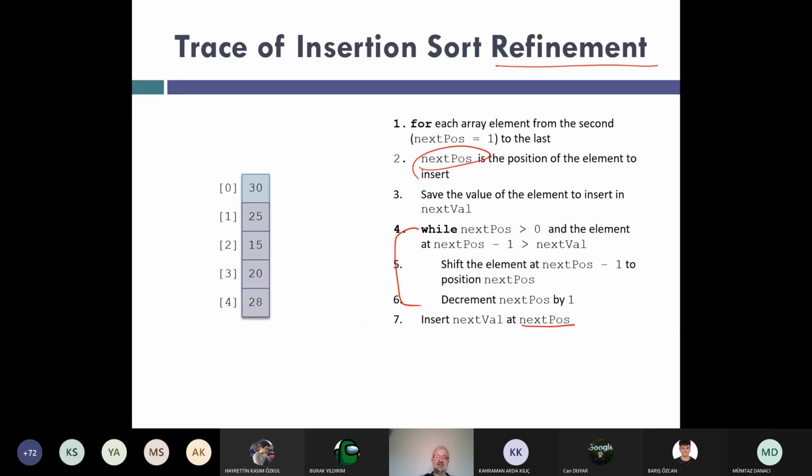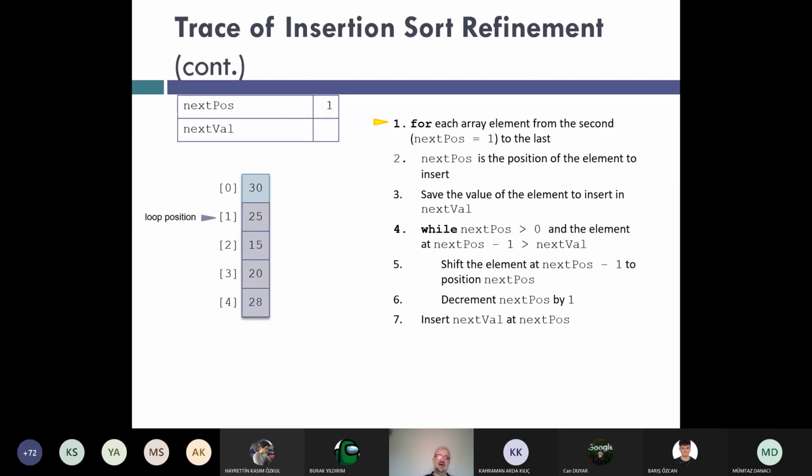So let's see the trace. Okay, so a loop position is at the first position. So the loop iterator of this for loop is this one, loop position, and that is saved to next pos, and 25 will be saved aside in next value here, as you see.